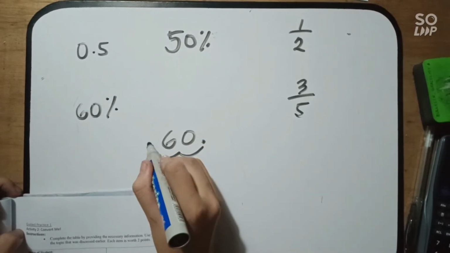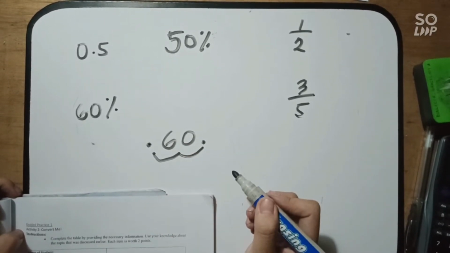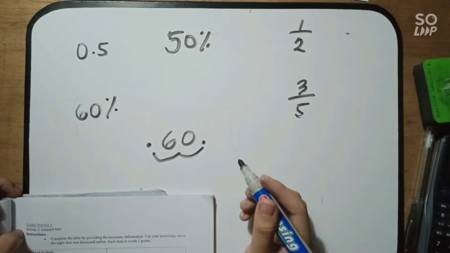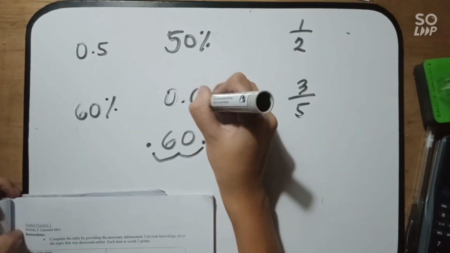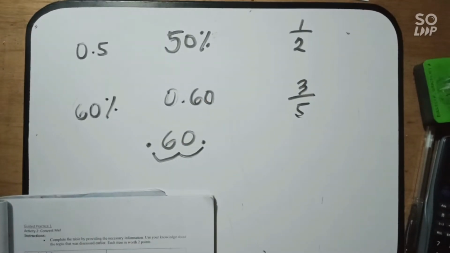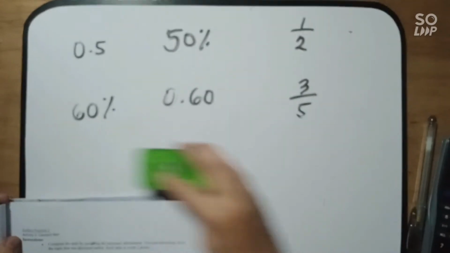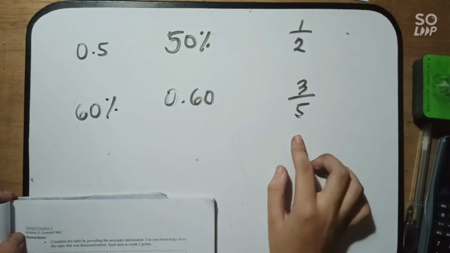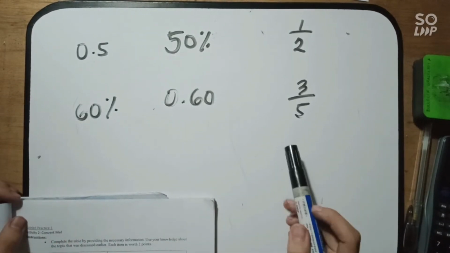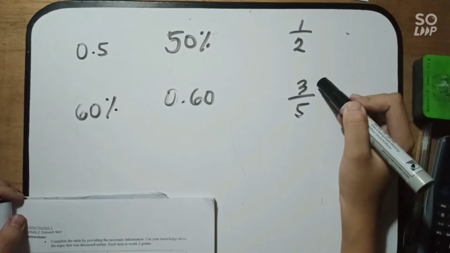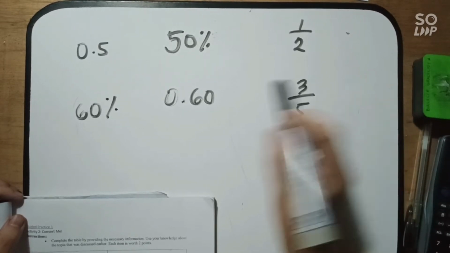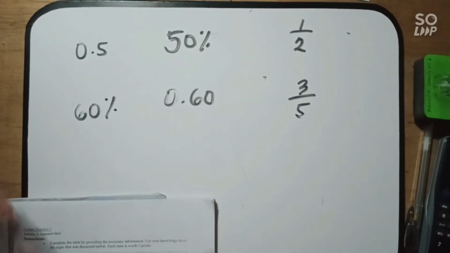So it will become here. And then affix zeros to decimals as needed. In affixing 0, it will become 0.60. Fractions can also be converted into decimals by simply dividing the numerator by the denominator. So 3 divided by 5 is 0.6 or 0.60.